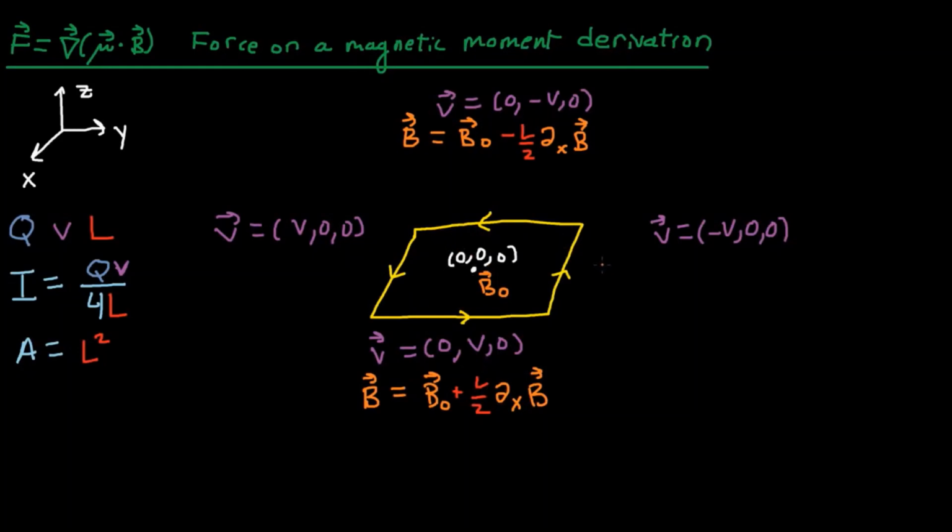Then on this right component, we have B equals B naught, and then minus L over 2 partial y B. And then on the left we have B equals B naught, oh wait a second, this should have been a plus y, sorry. And then this should be a minus L over 2 partial y B.